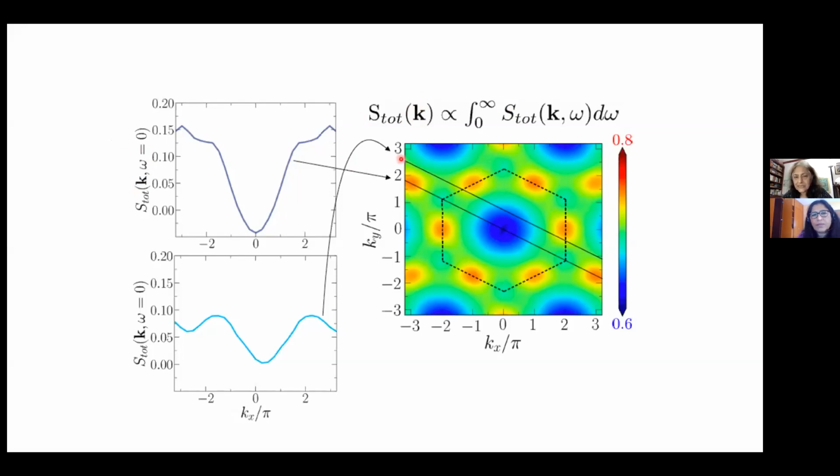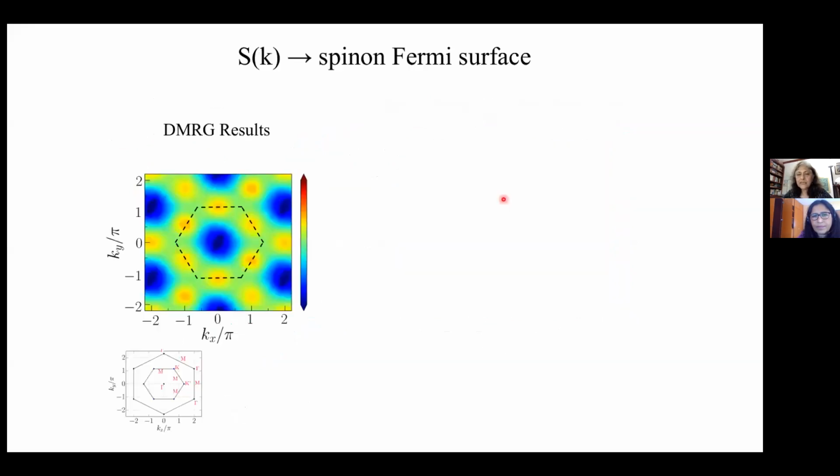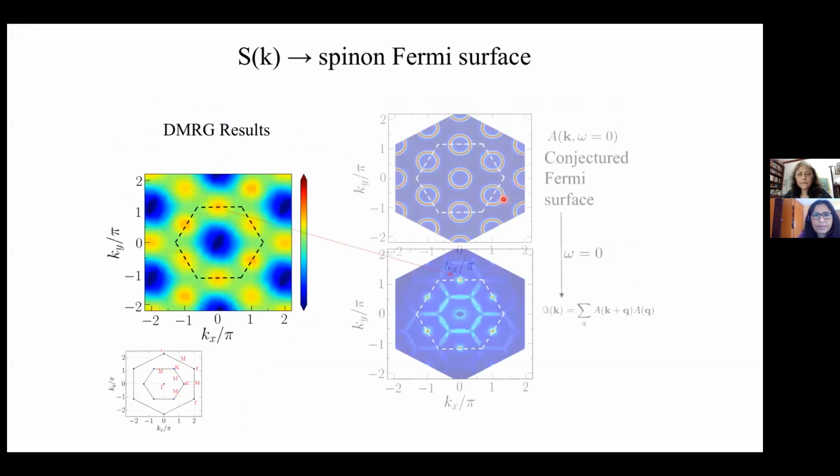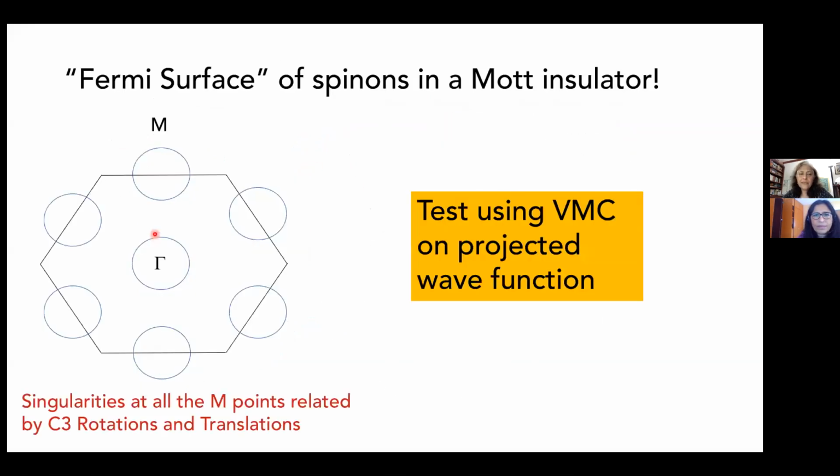So you can take these different cuts, you can see here, going from the gamma point to the K point and beyond, and you can see these variations which tell you that you have some reduction of weight here and enhancement of weight at these M points. So ultimately, we are able to suggest or infer.